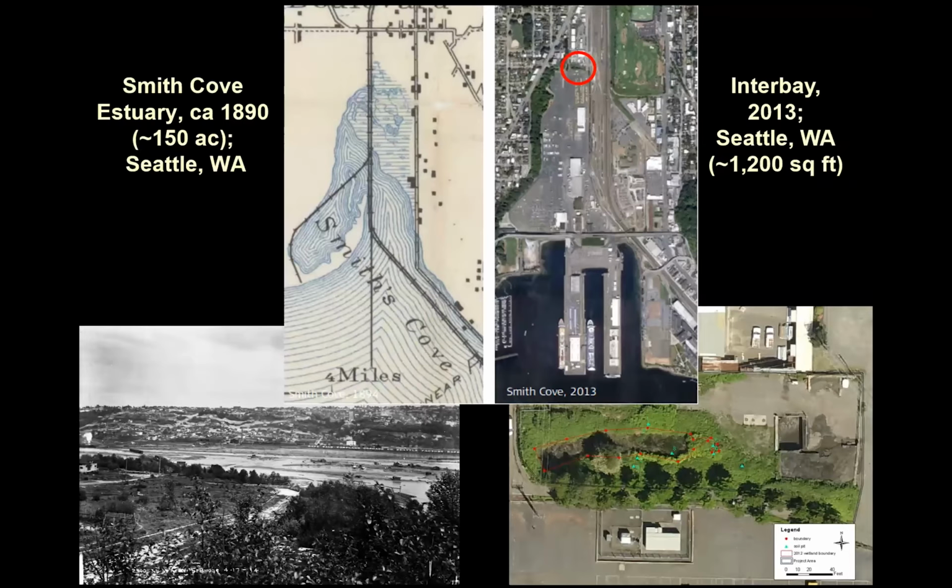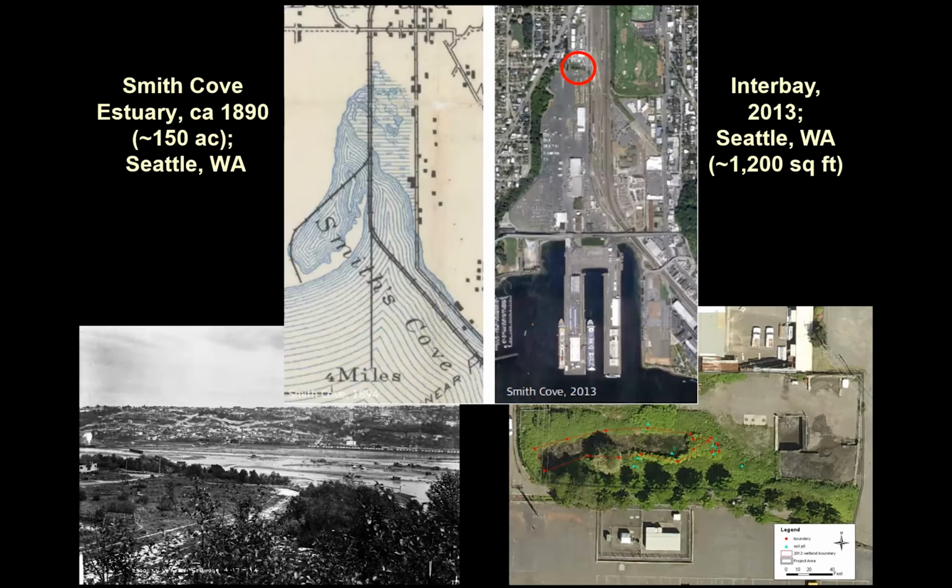Some great examples from Seattle, and I can criticize the city of Seattle because I work for the city and live here. Some great examples of wetland loss would include Smith Cove. Most people don't even realize that Smith Cove existed prior to Eurasian settlement of this city location, but it did.